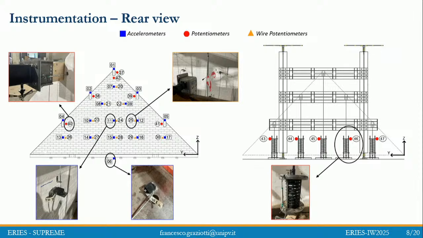We heavily instrumented the specimen, as usual, with accelerometers, potentiometers, traditional potentiometers and wire potentiometers. We maintained the vertical overburden load quasi-constant through these springs that allow small movement of the specimen without changing too much the vertical compression, and we also monitored the spring elongation.